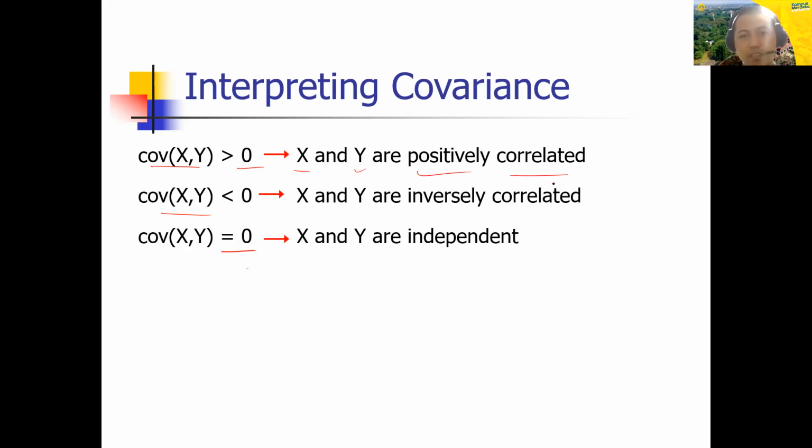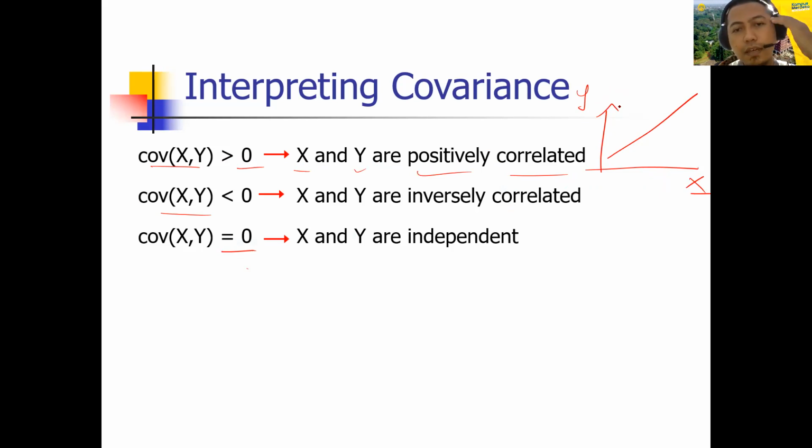If you have a graphical representation, with y as the vertical axis and x as the horizontal axis, and the covariance is greater than 0, you will have a positive slope, increasing. As x increases, y increases.